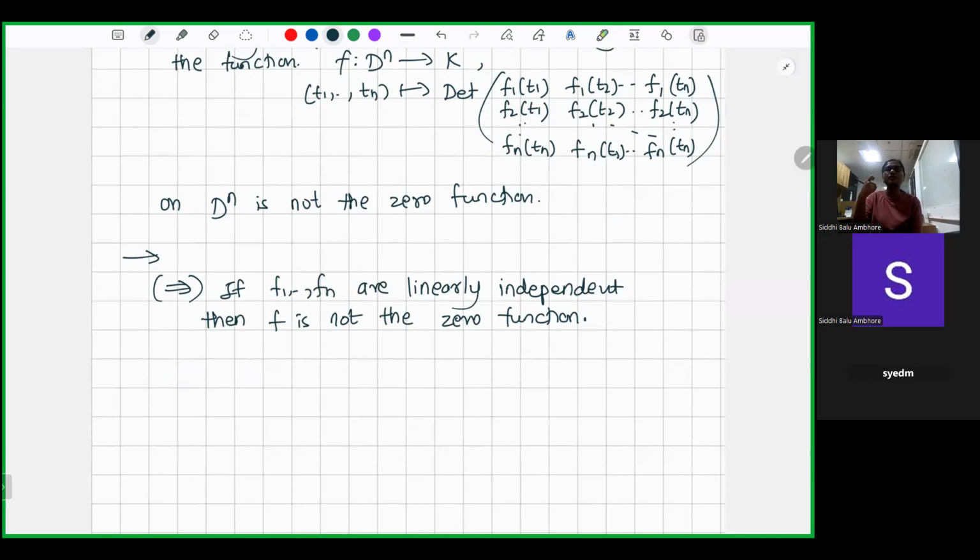So even if for at least some t1 to tn I can obtain this, I'm okay. Please understand this. Let me write this. This is the zero function, that is, everything is mapped to 0.